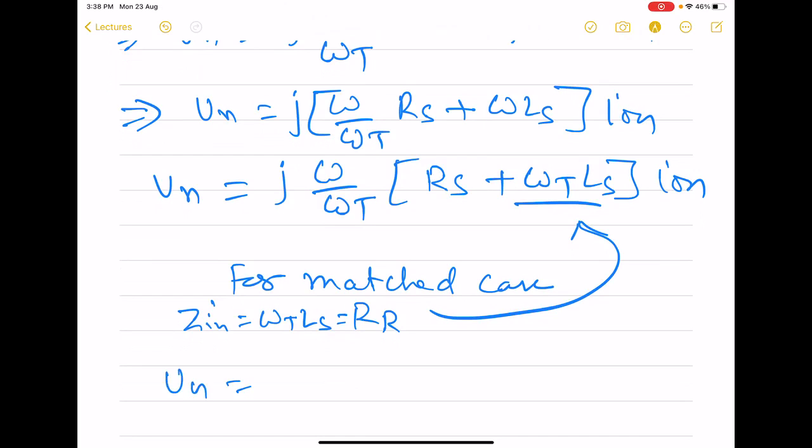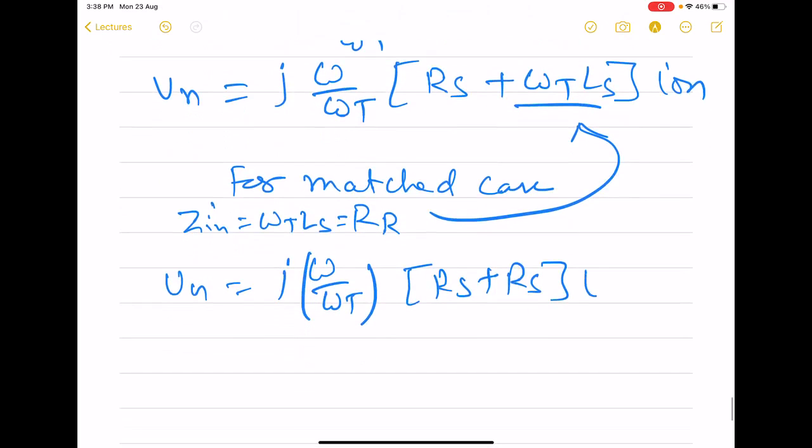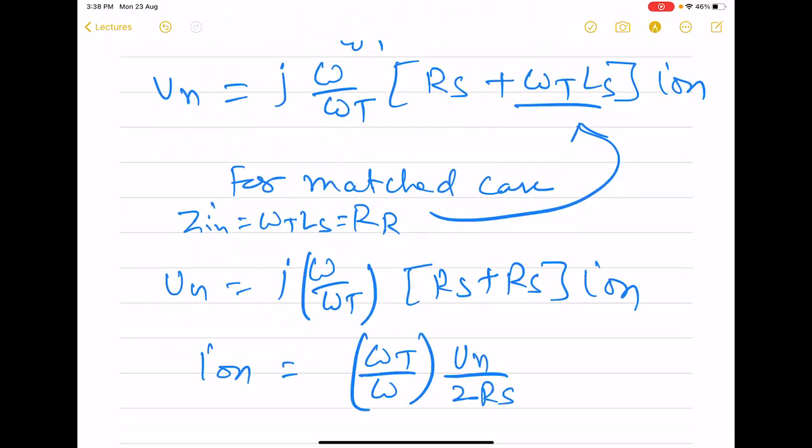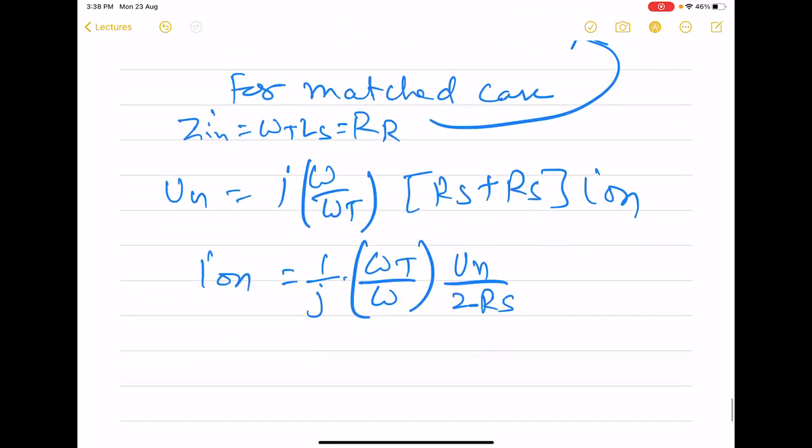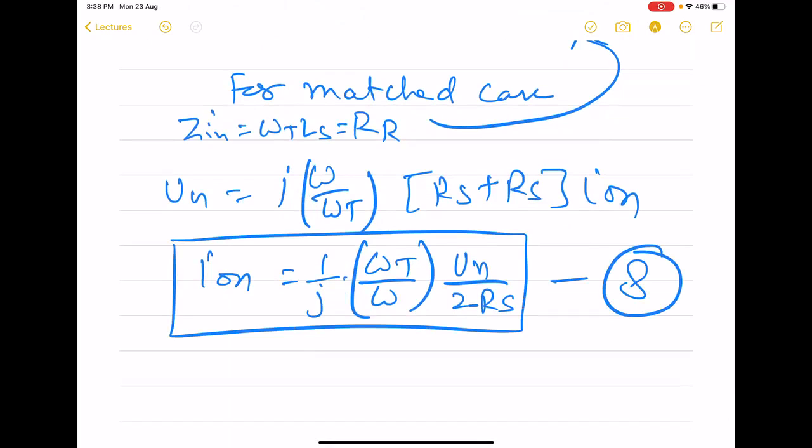So this Vn becomes j omega by omega T into Rs plus Rs. So ION finally becomes omega T by omega into Vn by 2 Rs, and here we have 1 by j. This is the expression for the short-circuited output current due to the source.